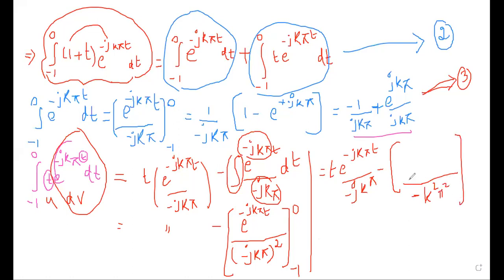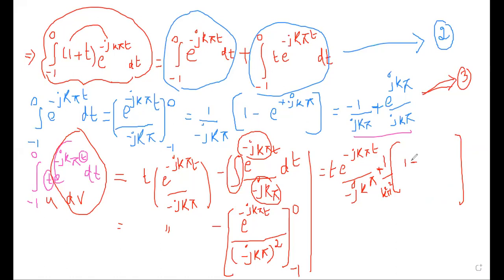If I want this to be moved outside, then one minus is there outside, and minus minus becomes plus. So better let me write 1 divided by k square pi square outside itself. I think you can follow this, though it is not much visible. So I will just apply the limits for the numerator. Numerator: e power 0 is 1.